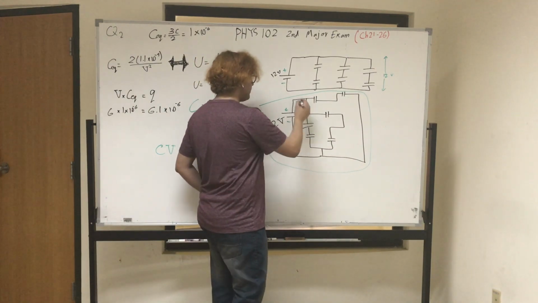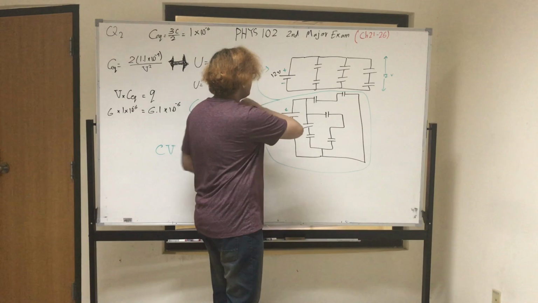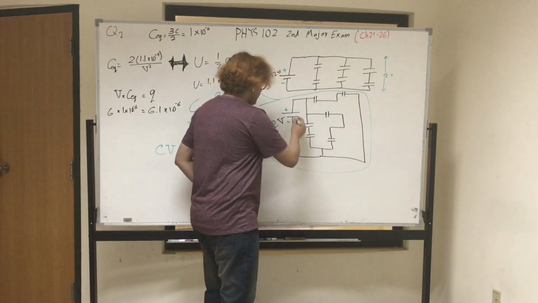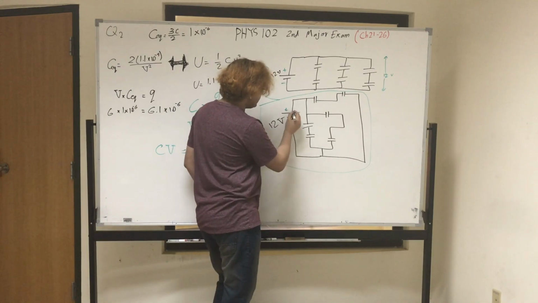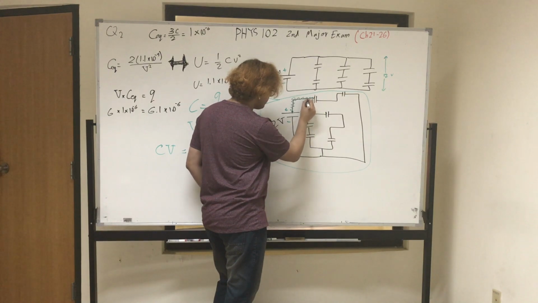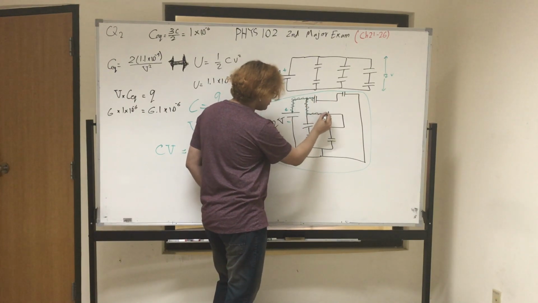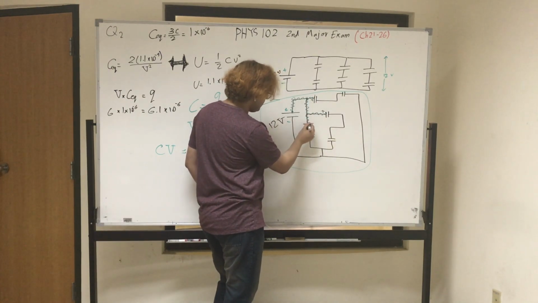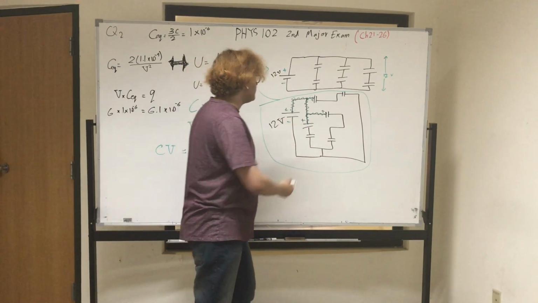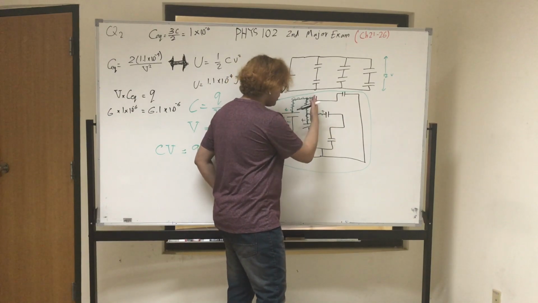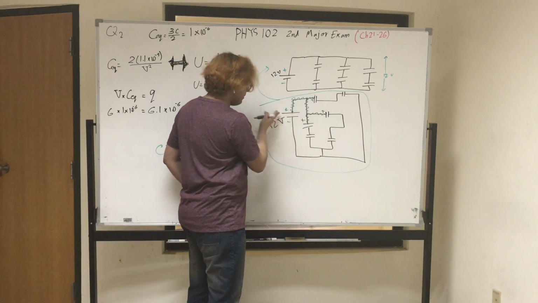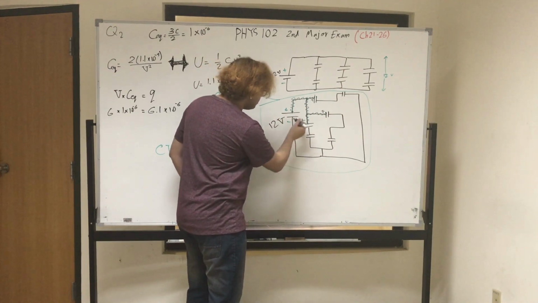But we can rewrite this circuit to be like this, and once we get to this form, everything else would be easy. The positive terminal of the battery is connected to the positive terminal of this capacitor, and also to the positive terminal of this capacitor and this capacitor.